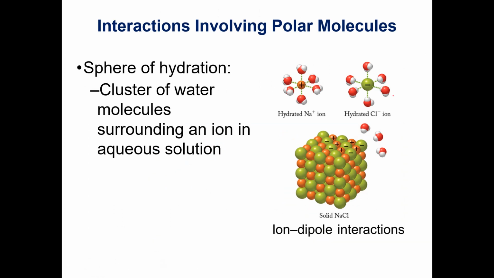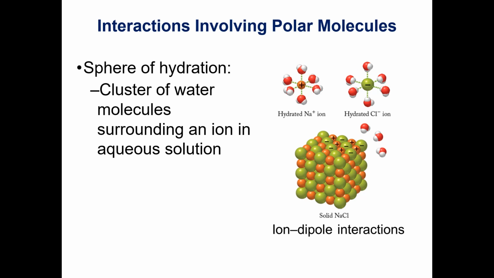So what happens when you have something like sodium chloride in water, and you have all of the oxygen ends of the molecule surrounding sodium, is that it's not just one molecule of water. As many molecules of water as you can fit around that sodium ion are going to be clustered around it.